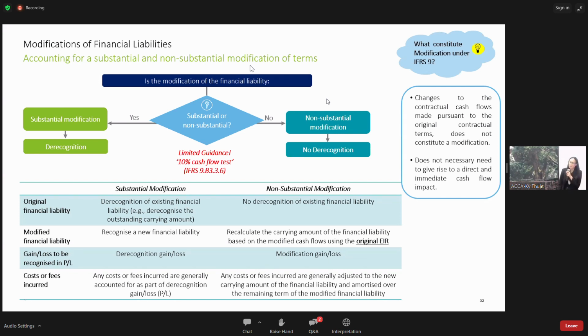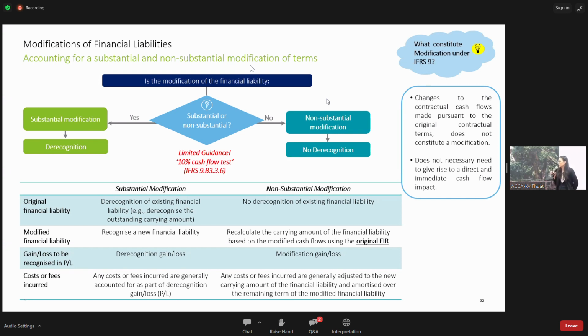Okay, so for modification, these few slides have a lot of numbers because I think we understand them better with computation. Now for modification, here I put only liability. The reason is that for financial assets, there is no specific mention or guidance given in the standard on how to deal with financial asset modification.